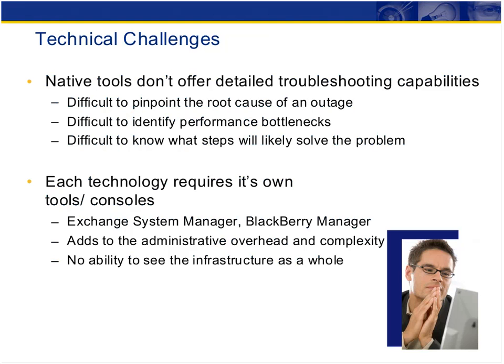So when you deal with products like Exchange, BlackBerry, or Office Communication Server, there's not a great deal of information in there that will help you identify root causes and move ahead. Certainly there's nothing in those tools that helps to provide you a view across your messaging infrastructure to see what's happening.